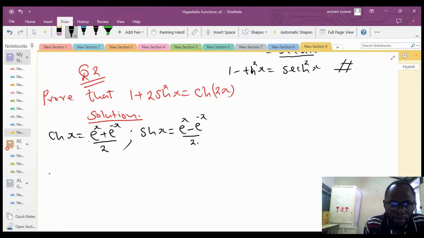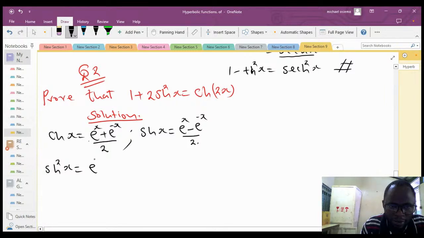So this implies that sinh squared of x will be equal to exponential x minus exponential negative x all over 2, and all of it squared.